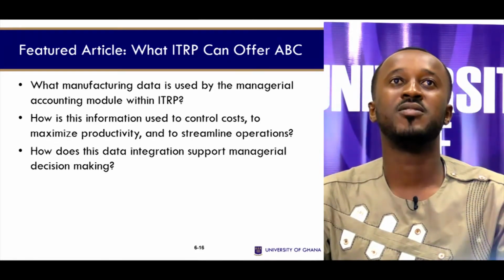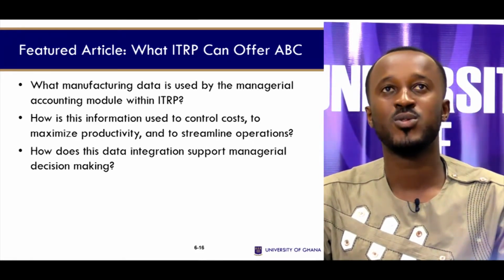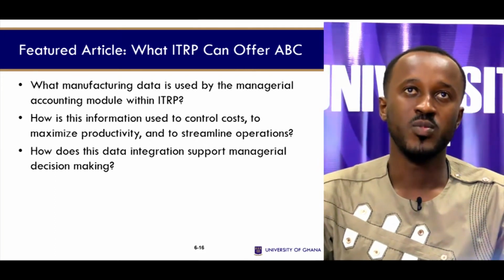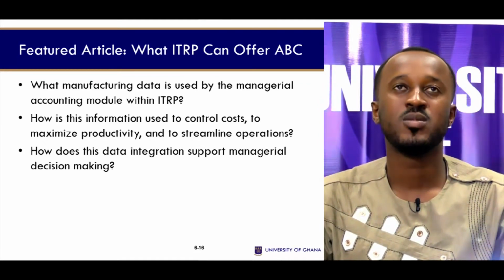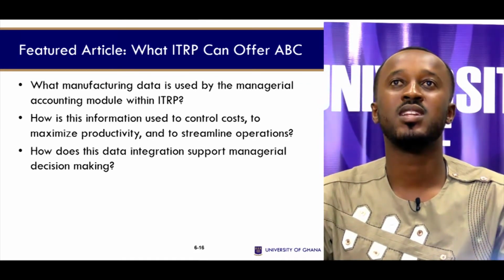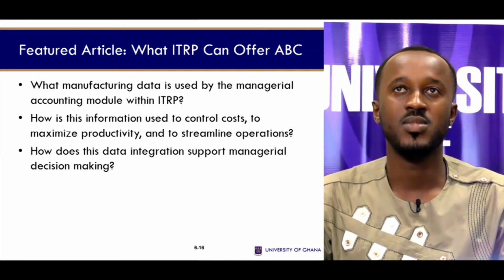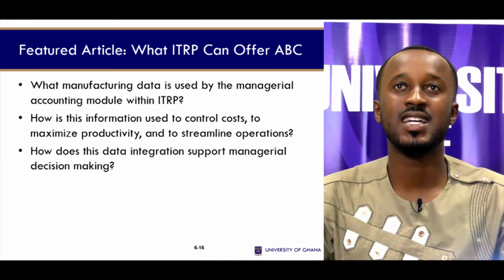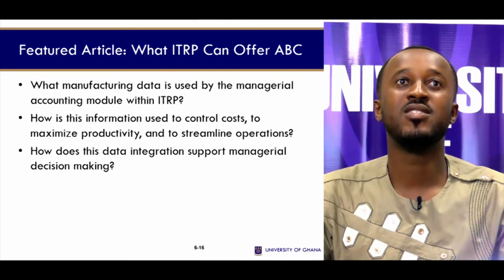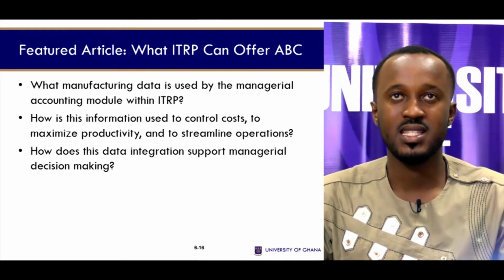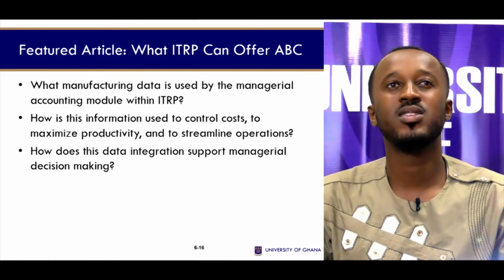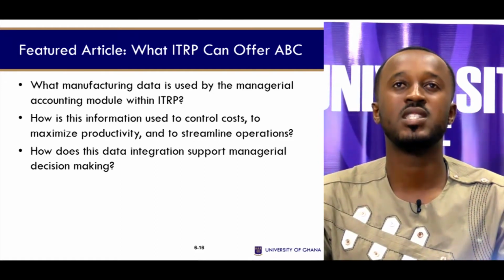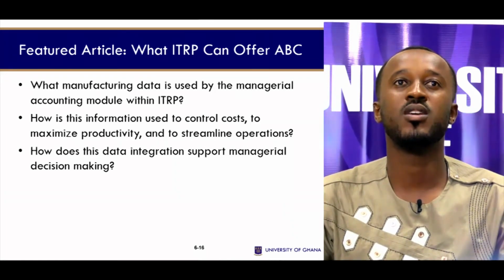We'll look at another featured article in this session, which we'll discuss in detail when we meet. This is with regards to what IT resource planning can offer to ABC. We'll look at what manufacturing data is used by the managerial accounting model within IT resource planning. How is that information used to control costs, to maximize productivity, and to streamline operations?